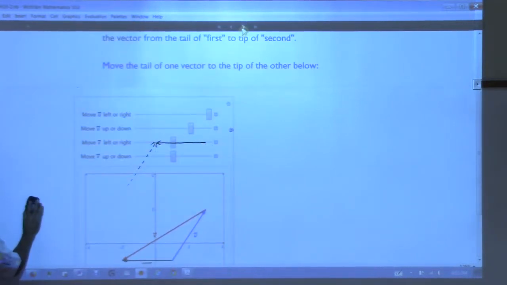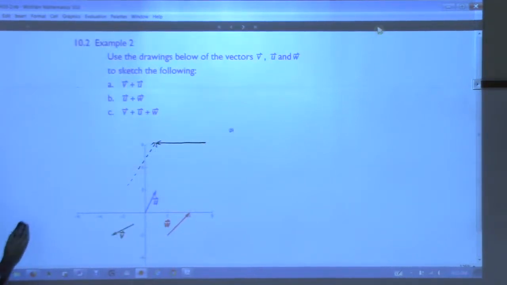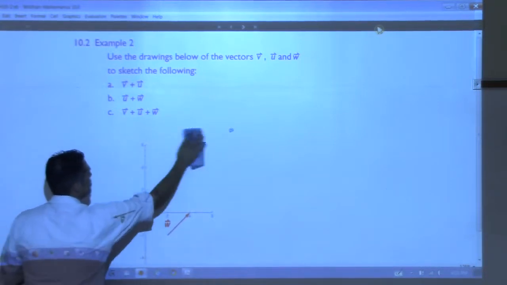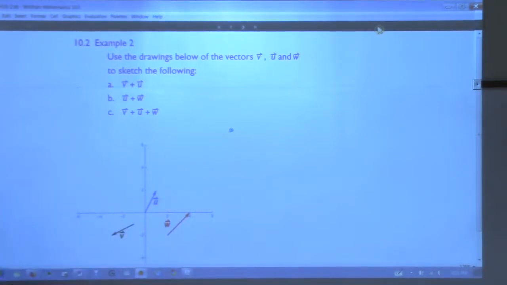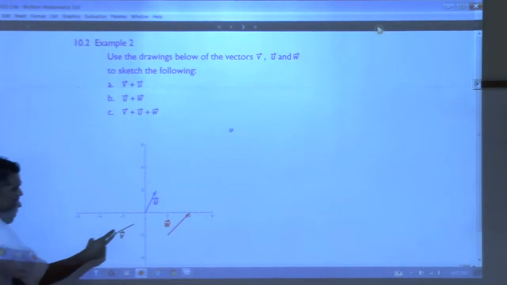So we're going to talk about a lot of properties of vectors, but we're going to do just a quick little exercise here. We're going to do v plus u first. I gave you the vectors, and we're going to try and add them together. So I'm going to take v, and I'm going to add u. I'm going to leave v alone.